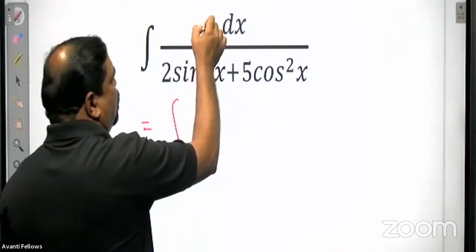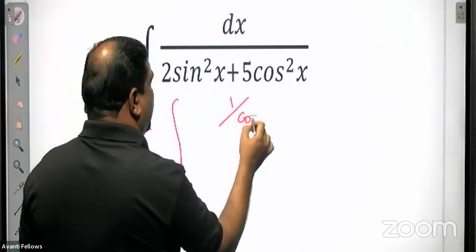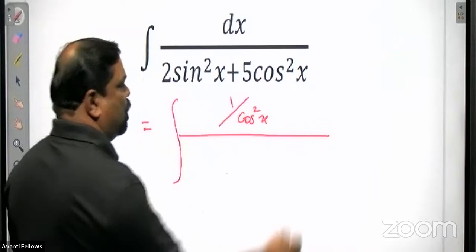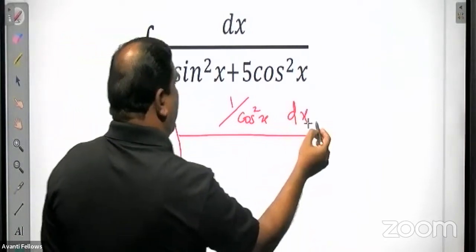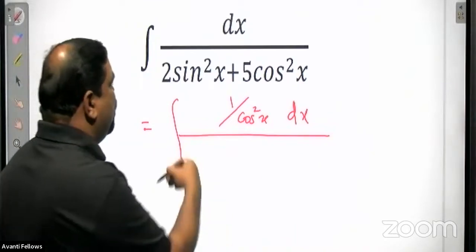Numerator means actually 1 is there, so dividing by cos square x means 1 by cos square x, which is also sec square x. And the denominator also you divide by cos square x.